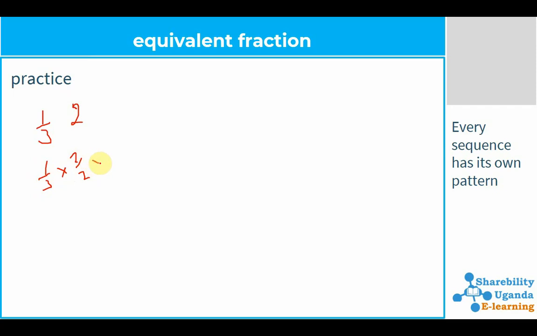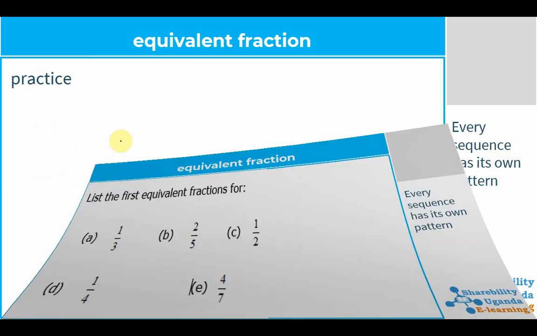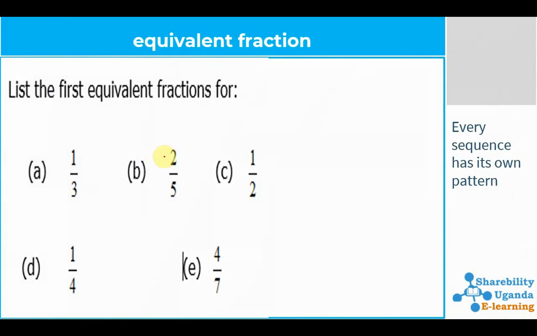So here we shall come up with 2 out of 6, because 1 times 2 we get 2, 3 times 2 we get 6. Okay, so this is our first equivalent fraction.